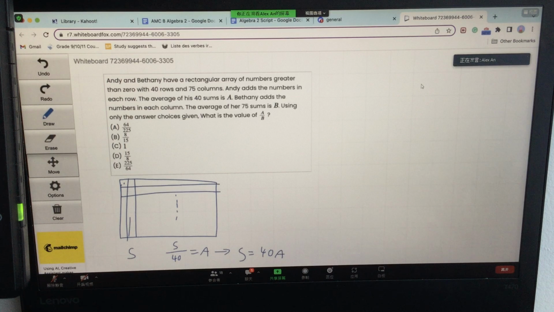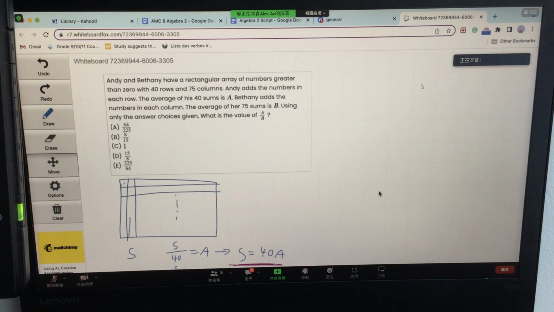And since the average of the column sums is B, and there are 75 columns, we know that S over 75 equals B, or S equals 75B. Both of these values are equal to S, which means we can write 40A equals 75B.